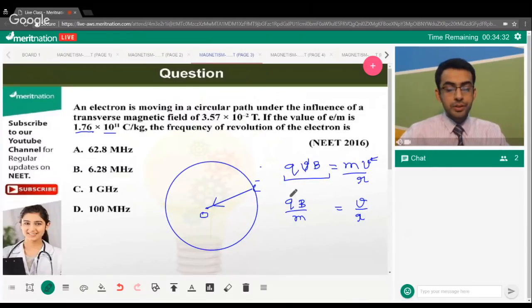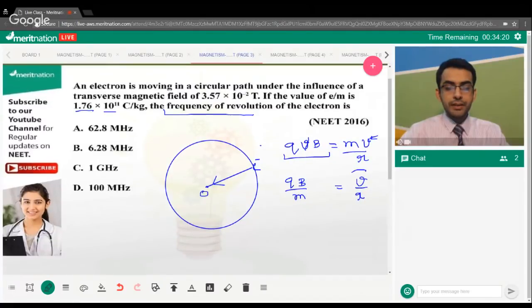So Q by m for the electron is given, and the magnetic field is also given to us. What we have to find is the frequency of revolution. Now, on the left hand side, V by R, where V is the velocity of the electron and R is the radius, is equal to omega.